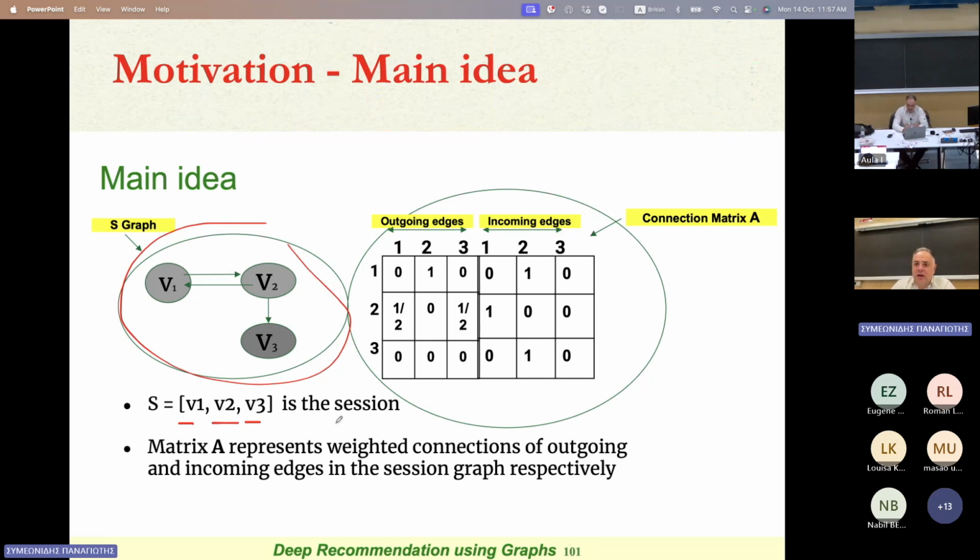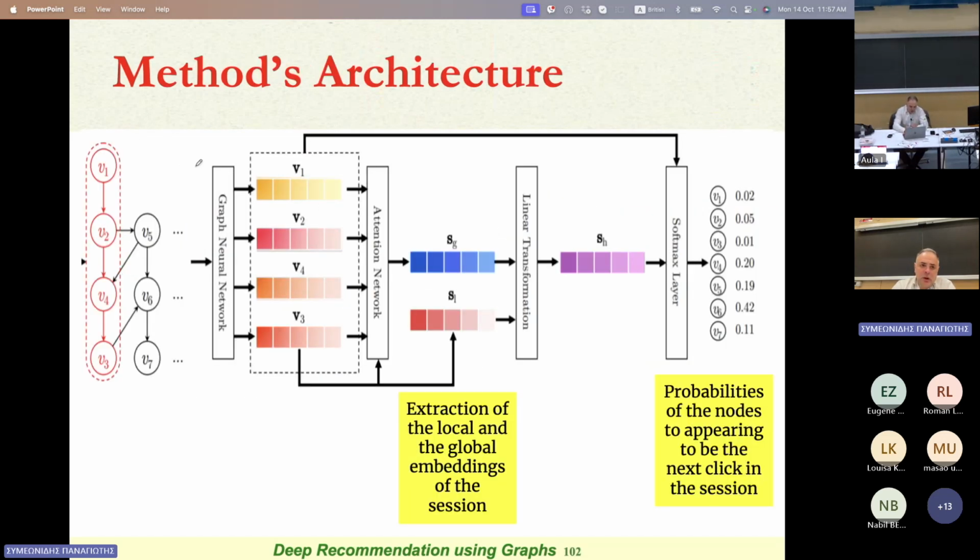From these items, they create a connection matrix by using the outgoing edges and the incoming edges. So they have this graph of the sequence of items interacted with by the user, and they put it in this graph neural network, with an attention mechanism. Here they build an embedding for every item. Also, they use the local and global embeddings of the session.